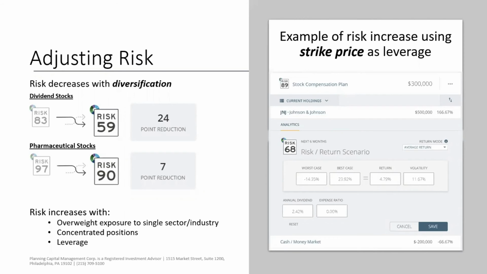The reason is because the strike price acts as leverage, and that leverage will magnify your upside and downside and create a greater risk than what the underlying position would imply. So at this point, I'd like to pass it to Jay to talk a little bit more about how concentration in a given position can create more risk.